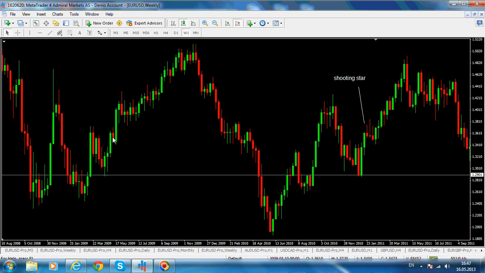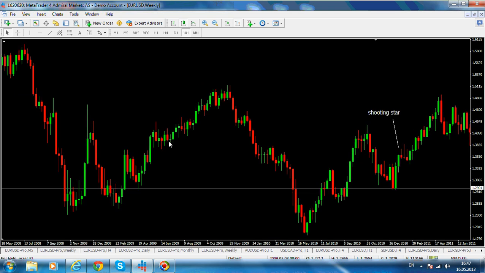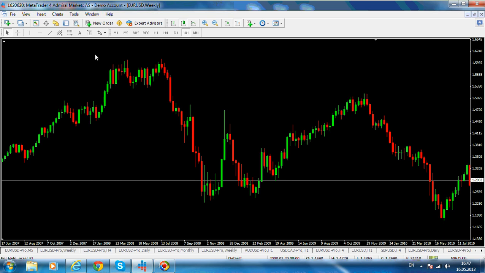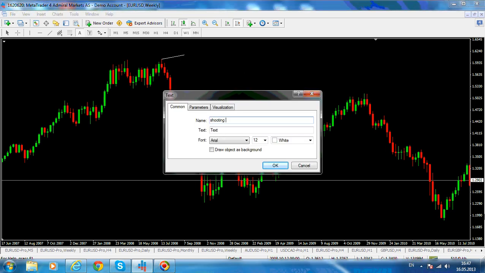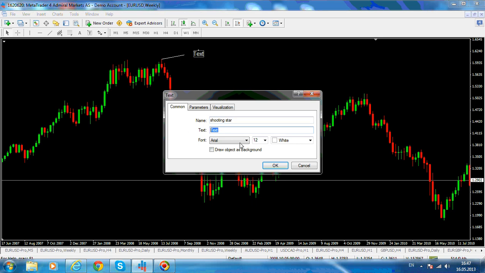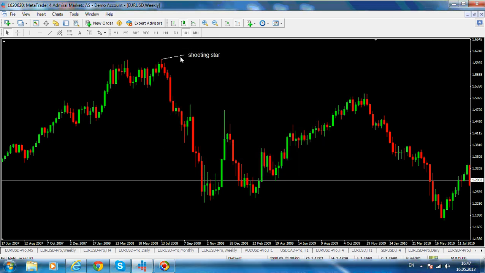Let's go back in time to see some more examples. Now this is a nice shooting star on the weekly chart with confirmation. So this is the shooting star, and like I told you earlier, ideally you wait for the confirmation, and this is a confirmation.